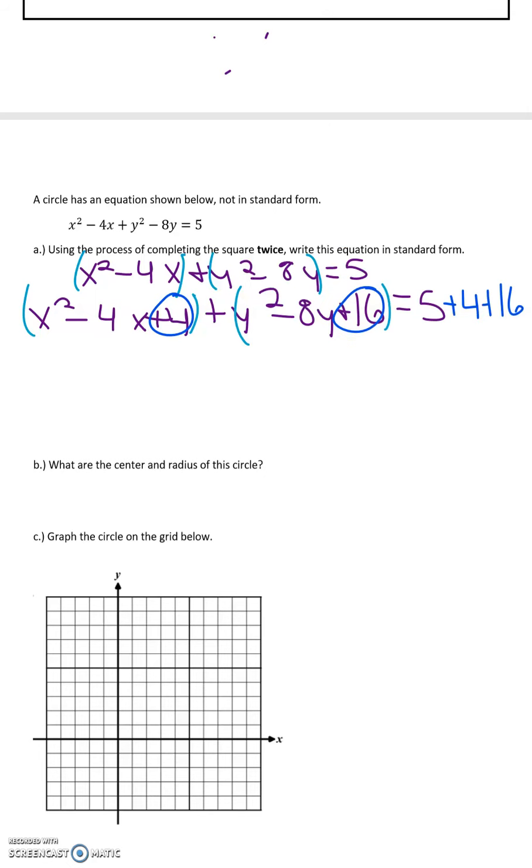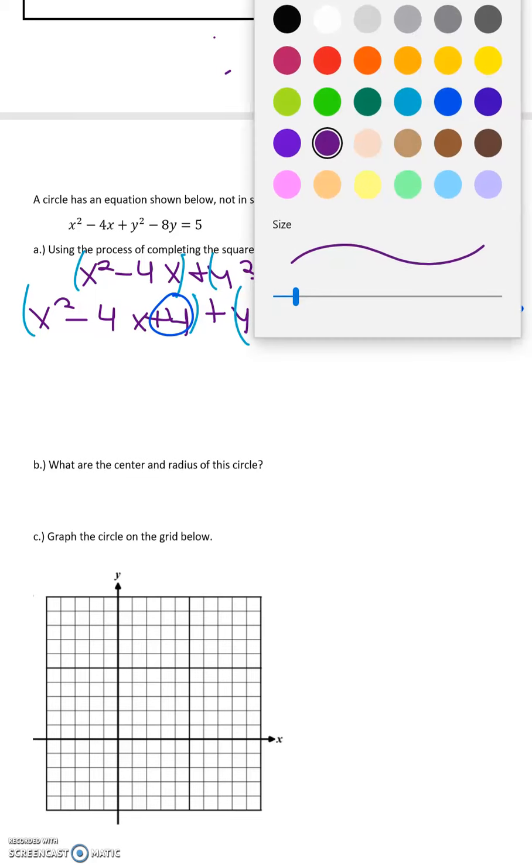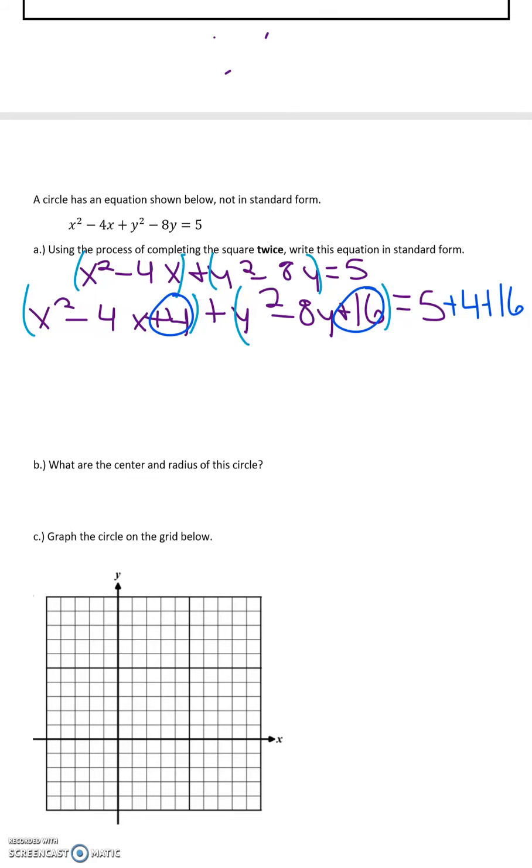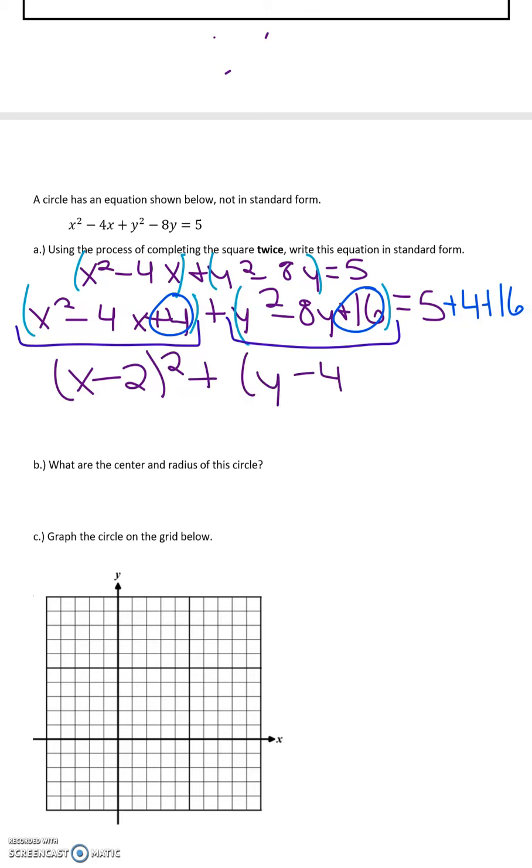Not our final answer yet, we have to factor these two trinomials. This one is going to factor to x minus 2 squared. This one's going to factor to y minus 4 squared. And then add these and you get 25.